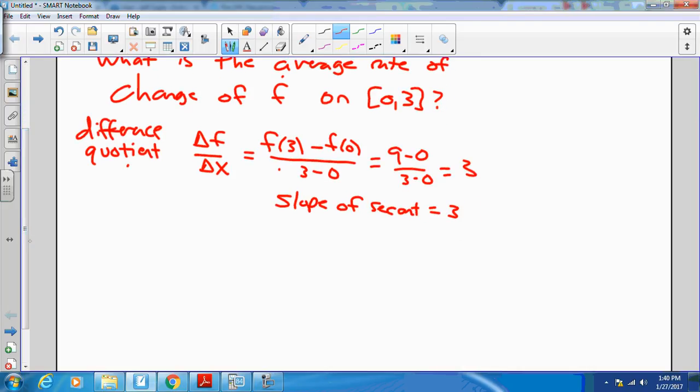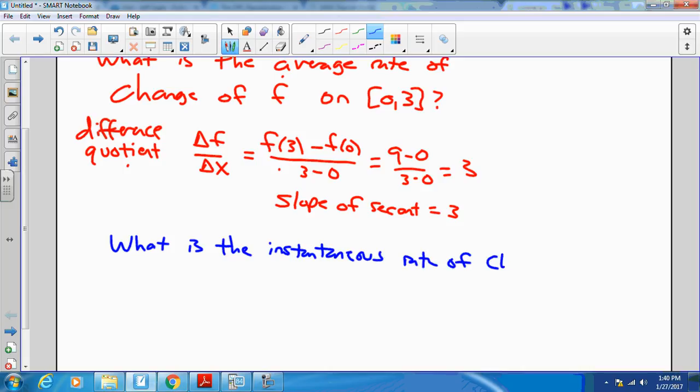Now, if I ask a different question, what is the instantaneous rate of change of f at x equals 2?